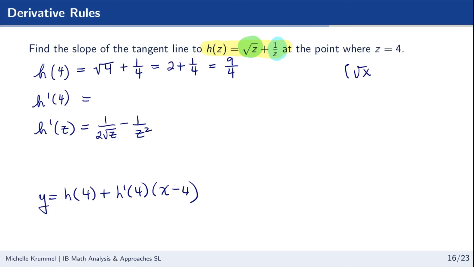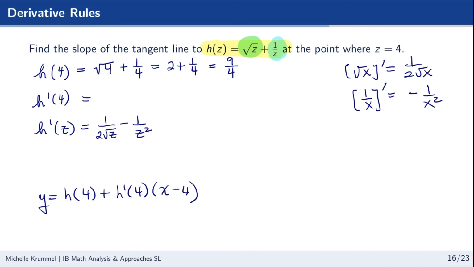So the derivative of square root of x, 1 over 2 root x. The derivative of 1 over x, negative 1 over x squared. Those are both really helpful to memorize because we use them frequently. Both of those, if you don't memorize them, you can derive them using the power rule.